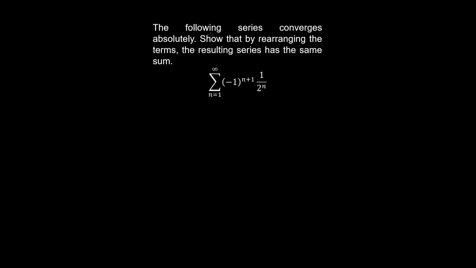The following series converges absolutely, and we're asked to show that by rearranging the terms, the resulting series has the same sum. Well, this is an alternating geometric series that can be written as follows.